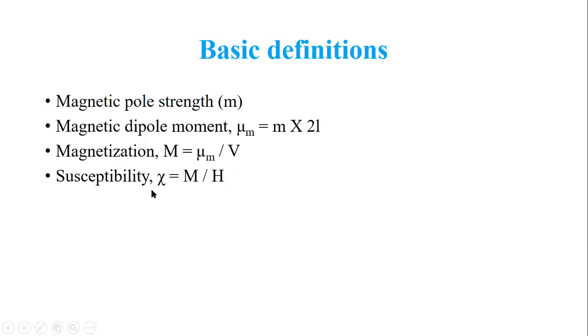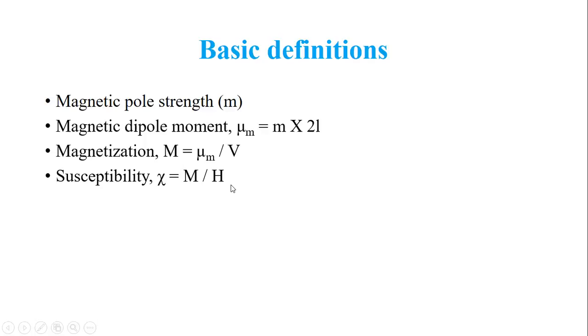If susceptibility is more, then for a given magnetic field H, we'll be getting greater amount of magnetization. In the sense, greater amount of dipole moment per unit volume. In the sense, greater magnetic pole strength, product of greater magnetic pole strength and magnetic length. In the sense, greater magnetic pole strength.